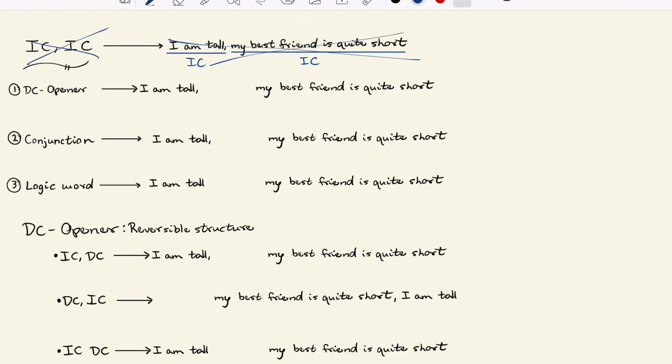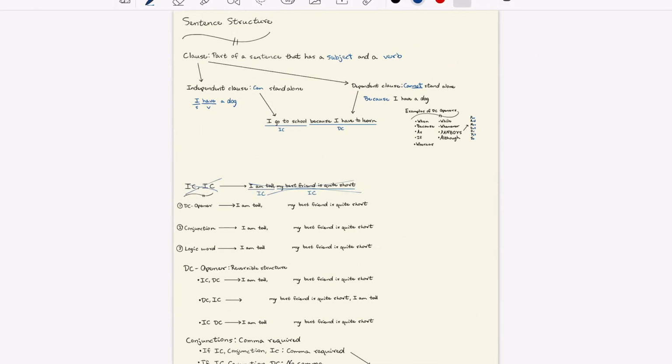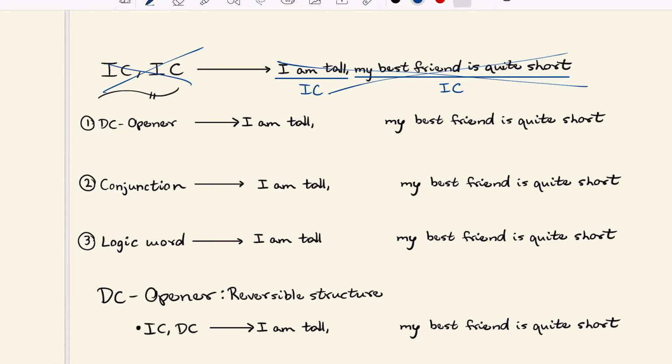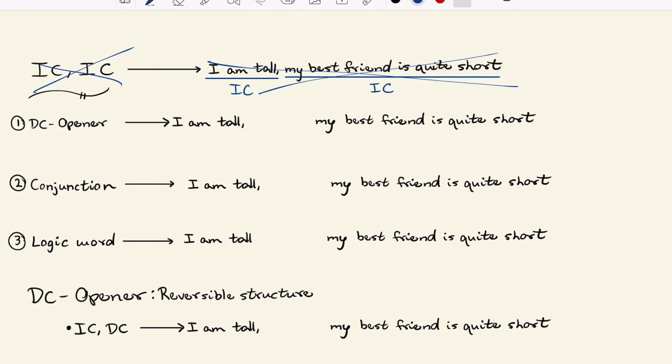The first way that we can join two independent clauses to make a grammatically correct sentence is with the DC opener, the examples of which we have up here. So, for the first sentence, we have I am tall, which is an independent clause, and my best friend is quite short, which is also an independent clause.